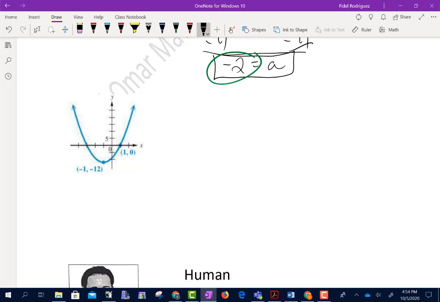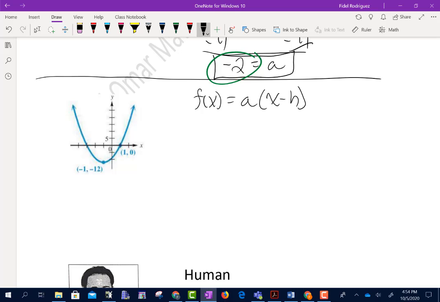All right, let's try this next one. Again, exactly the same way, right? So f of x equals A (x minus h) squared plus k. Okay. All right. So our vertex here, my h is -1, my k is -12.